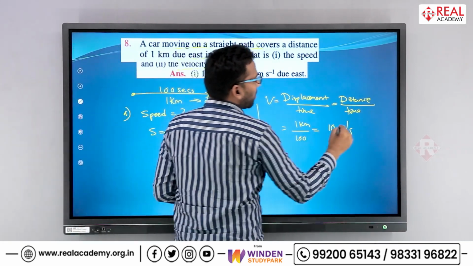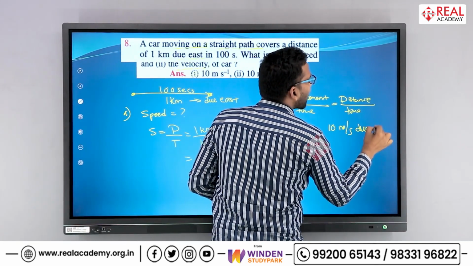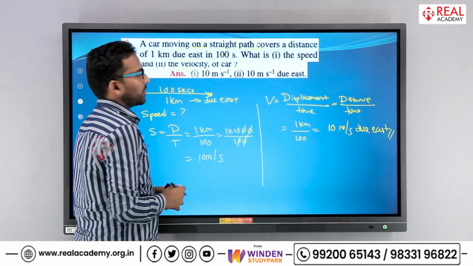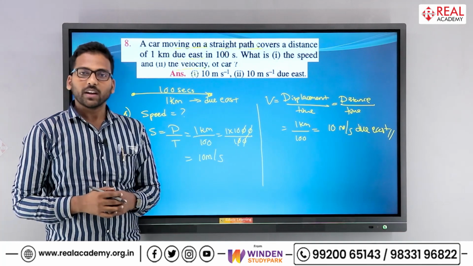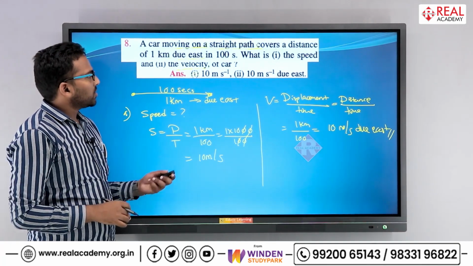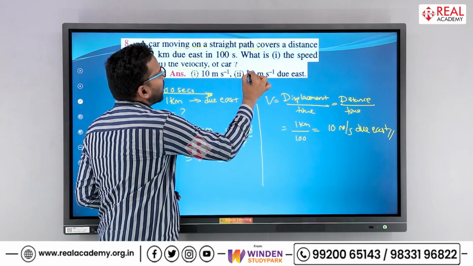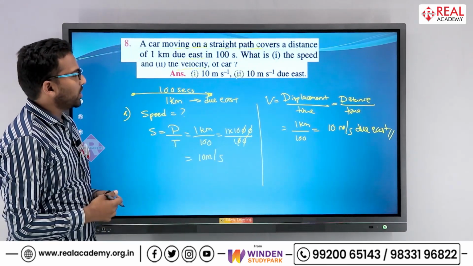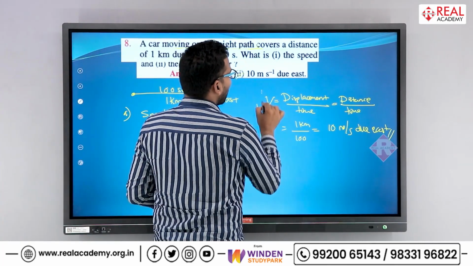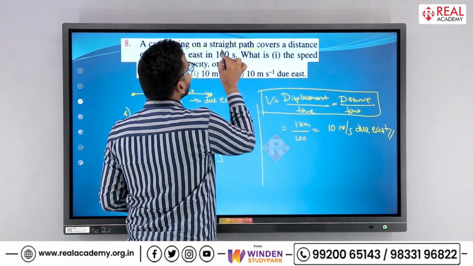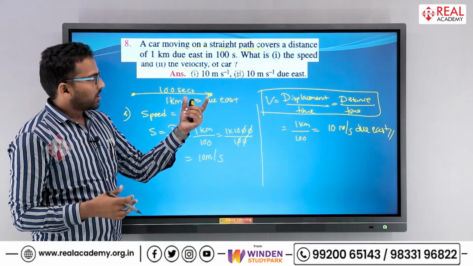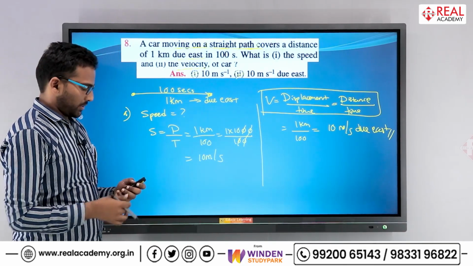So the velocity will be in the same direction of motion, that is due east. Clear? Okay. So this is the required answer, 10 meter per second due east. Just remember this point, that for a straight path or linear motion, the displacement is equals to distance.